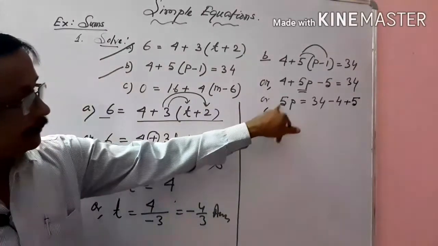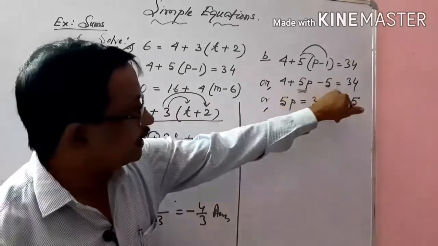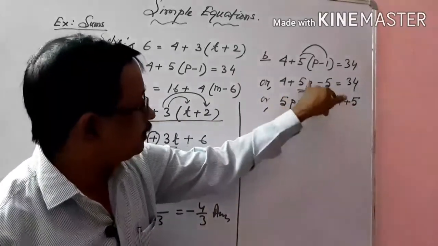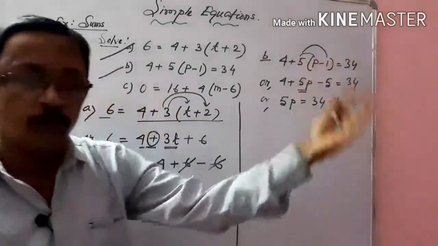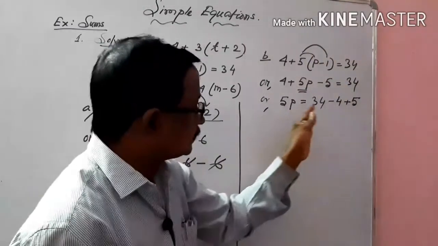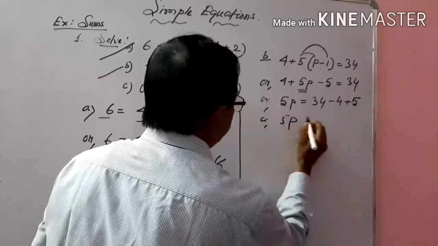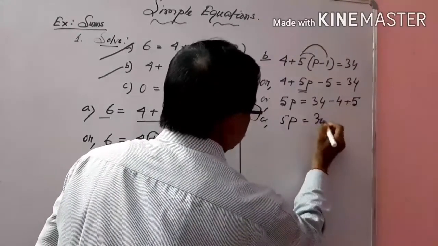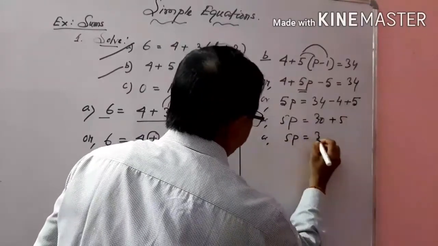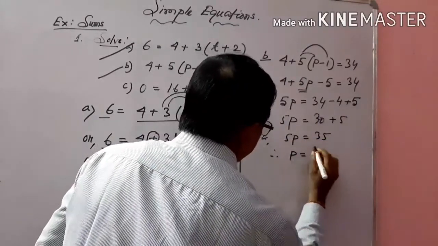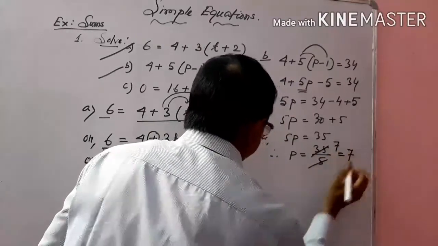This is known as transposition: changing the side. So 5p equal to 34 minus 4 plus 5. Then 5p equal to 35. Therefore p equal to 35 by 5. If you cancel, you get 7.